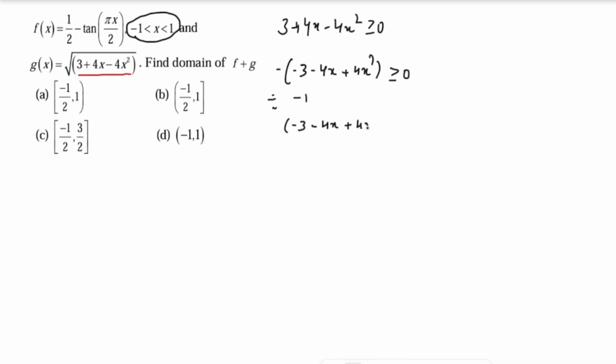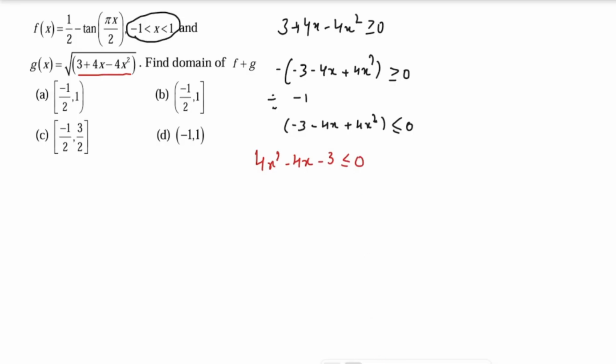Since we are dividing by a negative, the inequality changes to less than or equal to 0. So now we have a ready equation, that is 4x square minus 4x minus 3 less than or equal to 0.